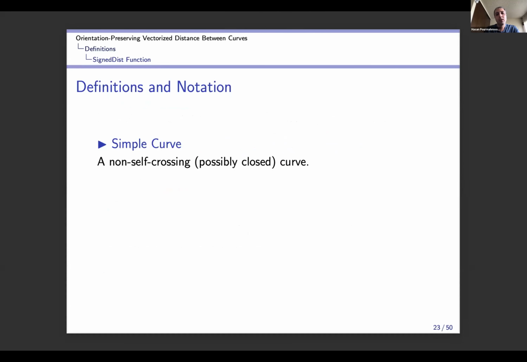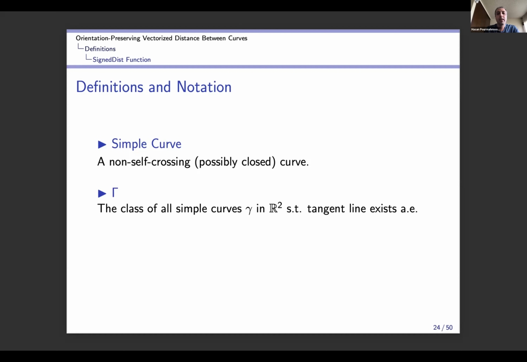My contribution starts from here. We have some small definitions. By a simple curve, we mean a non-self-crossing, possibly closed curve. In fact, the fundamental group should be trivial.